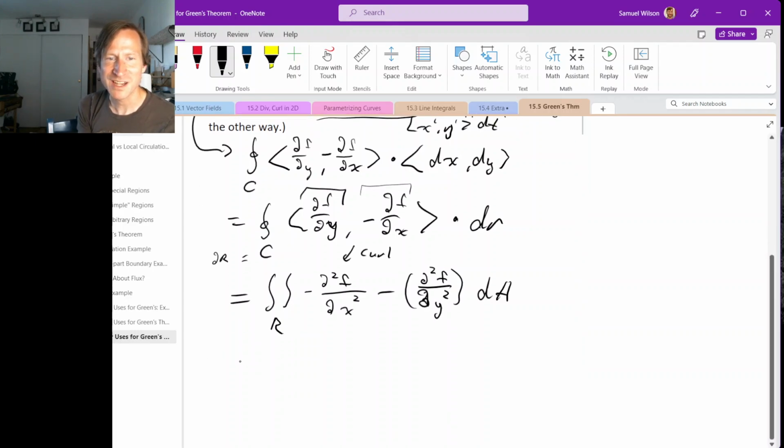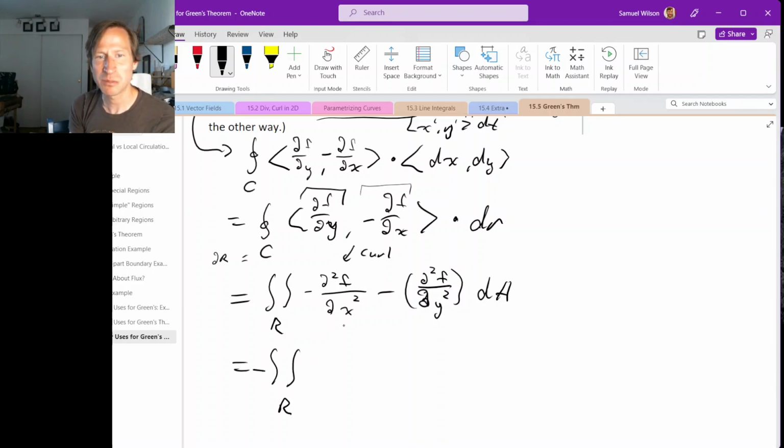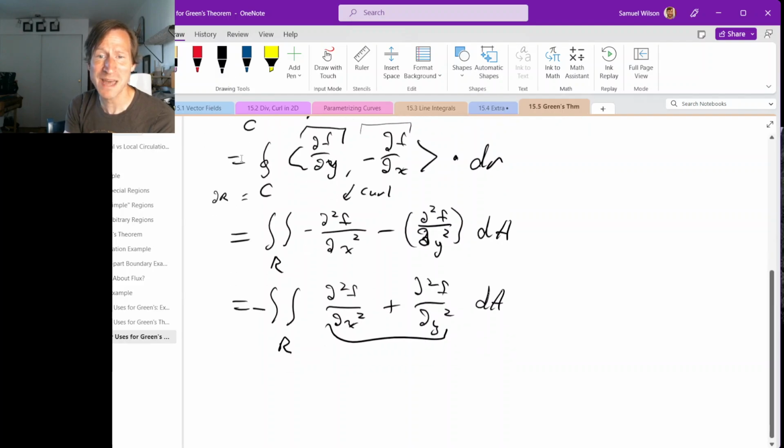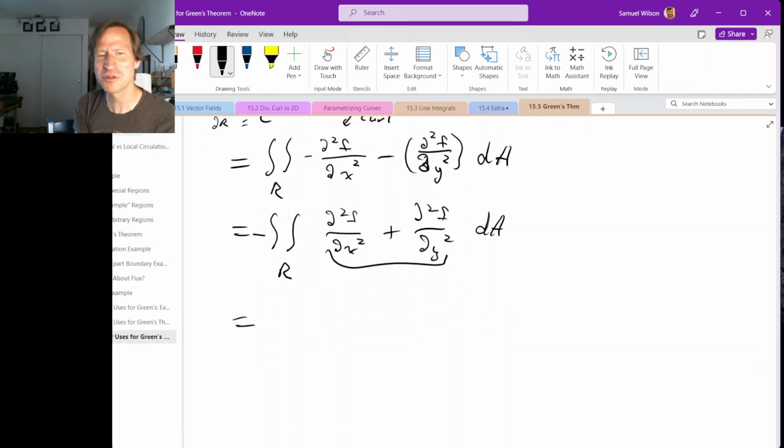Okay, now we have these second order partials. This is the negative of the double integral of partial squared f partial x squared plus partial squared f partial y squared dA. But we assumed that our function was a solution to Laplace's equation, which means that this particular sum happens to be 0. So we're integrating 0, and so this whole thing is 0.